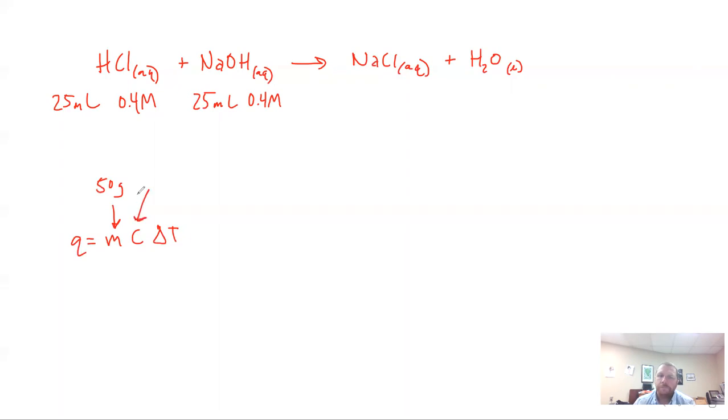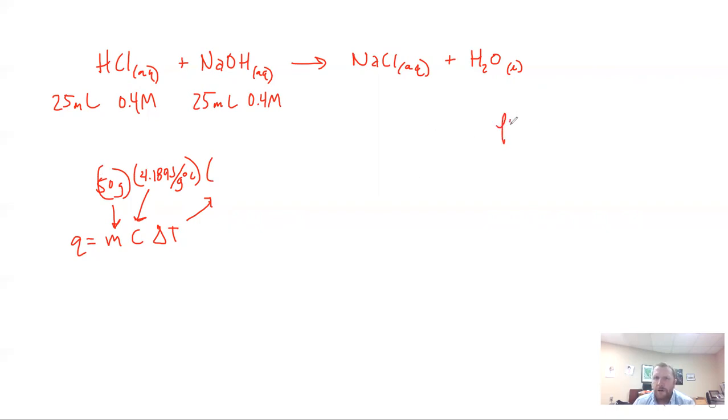Heat capacity, again, 4.184 joules per gram degrees Celsius. Delta T, well, that's my initial temperature and my final temperature.